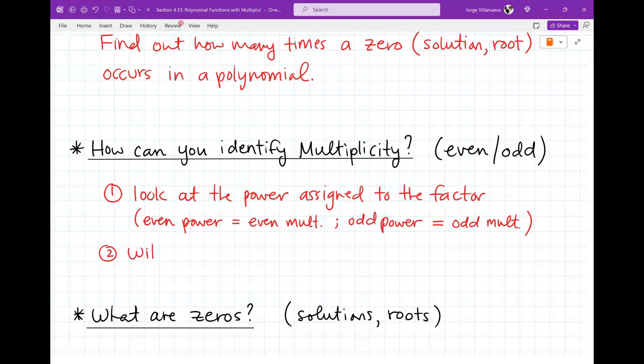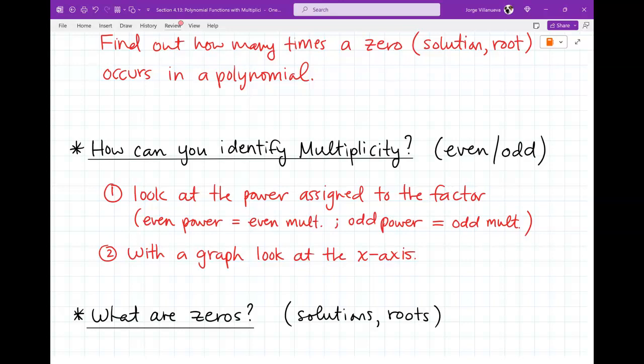With a graph, look at the x-axis. Okay? Any point where it passes the x-axis or it touches the x-axis, that's considered a 0.